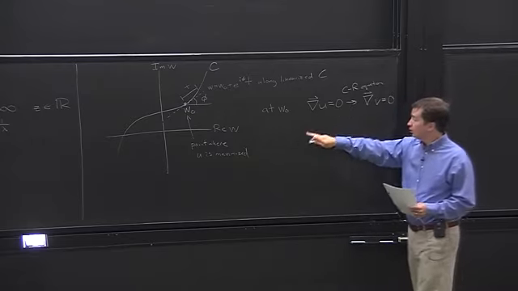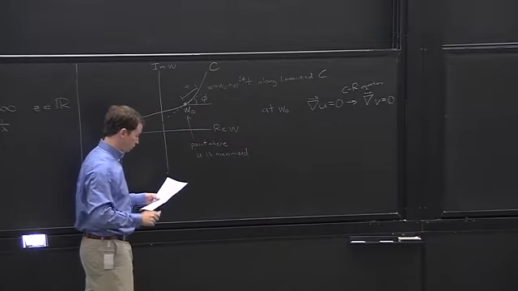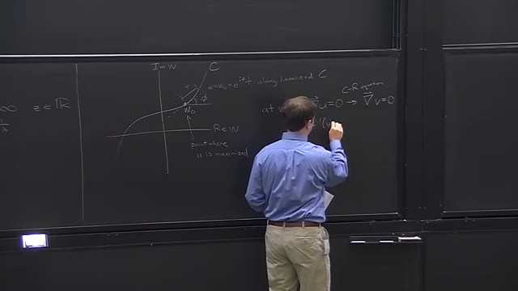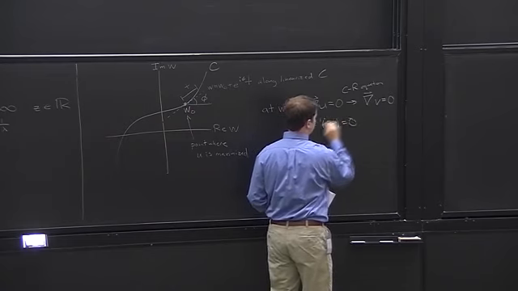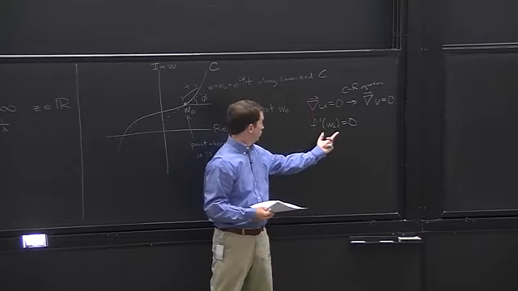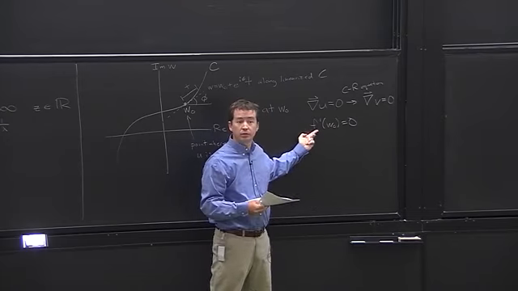So this point W naught is a saddle point, a complex saddle point of the function f.